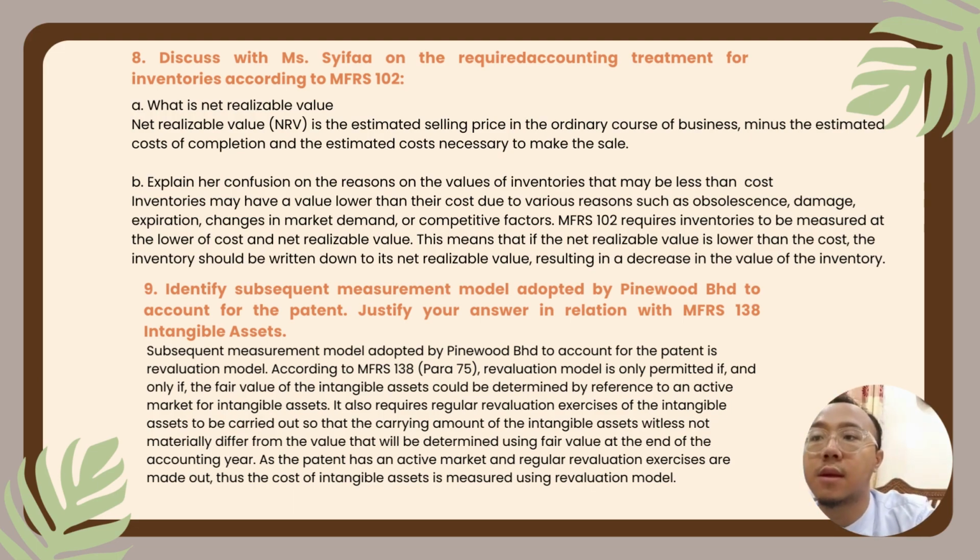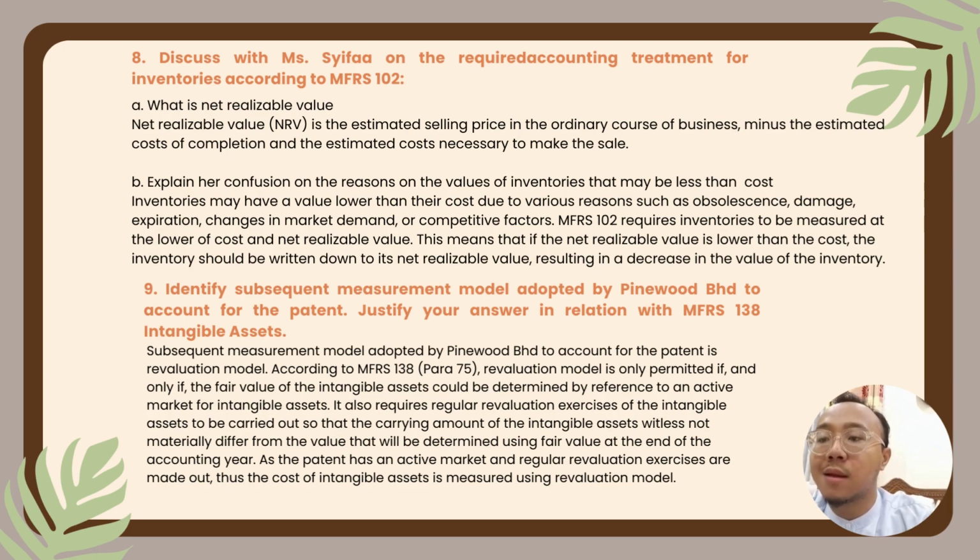Okay, for the answer to number 8B, the inventory may have a value lower than its cost due to various factors such as obsolescence, damage, expiration, changes in market demand, or competitive factors. So MFRS 102 requires inventory to be measured at the lower of cost and NRV.